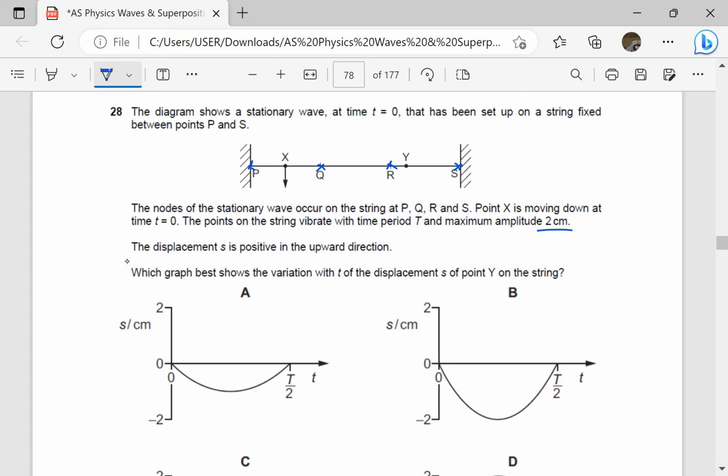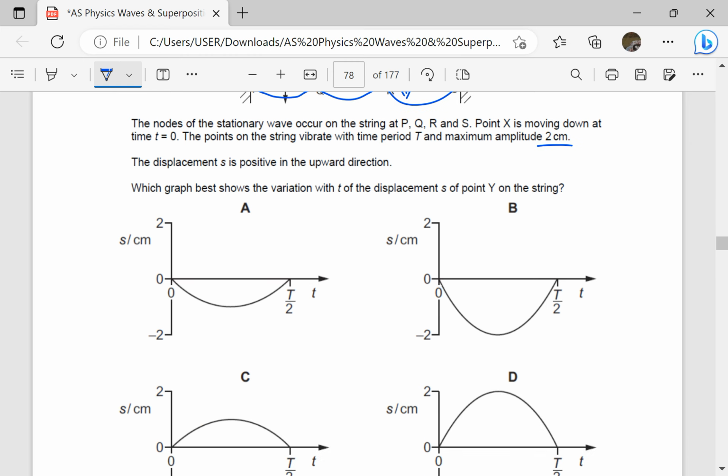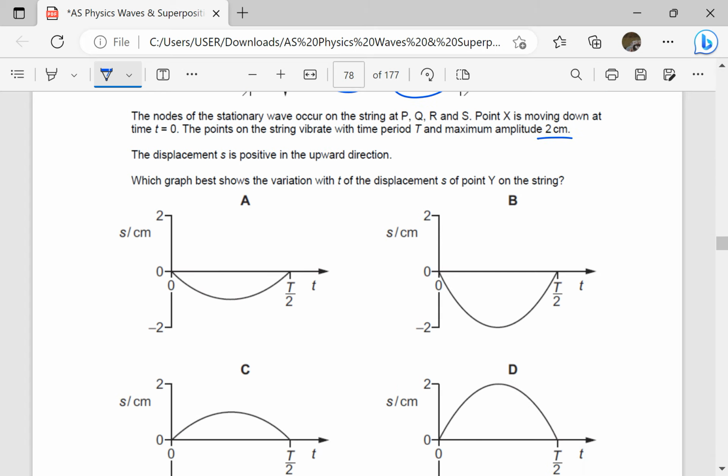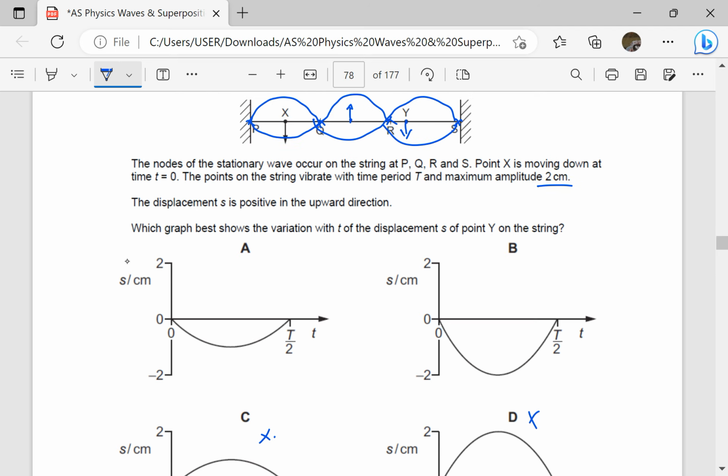So they said X is moving down at t equals 0. If I put a node here and another node there and another node there, and X is moving downwards, a point here would be moving upwards, and a point here is going to be moving downwards. So they must be moving in the same direction for Y. So this one is showing it would be moving upwards. These two are wrong, so we have this and this.